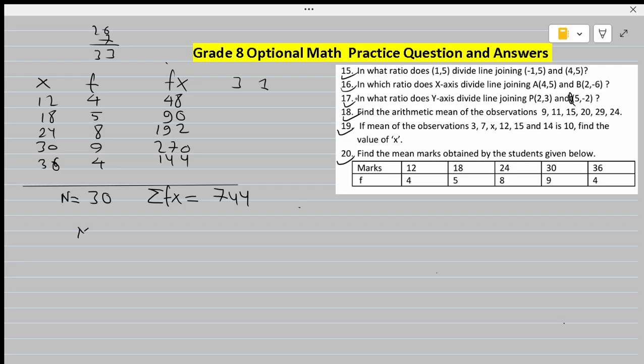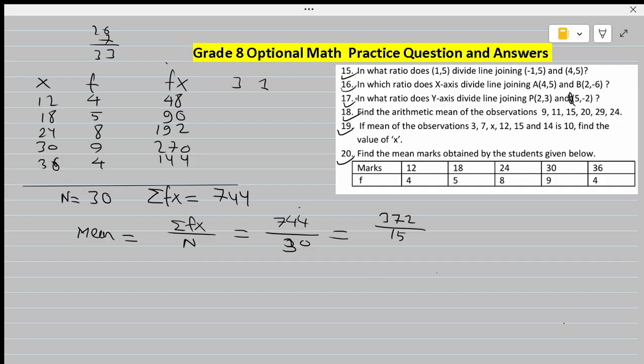So here mean x bar equals summation fx divided by number. Summation fx 744 divided by number 30. Now it's getting cancelled by 2: 372 over 15.